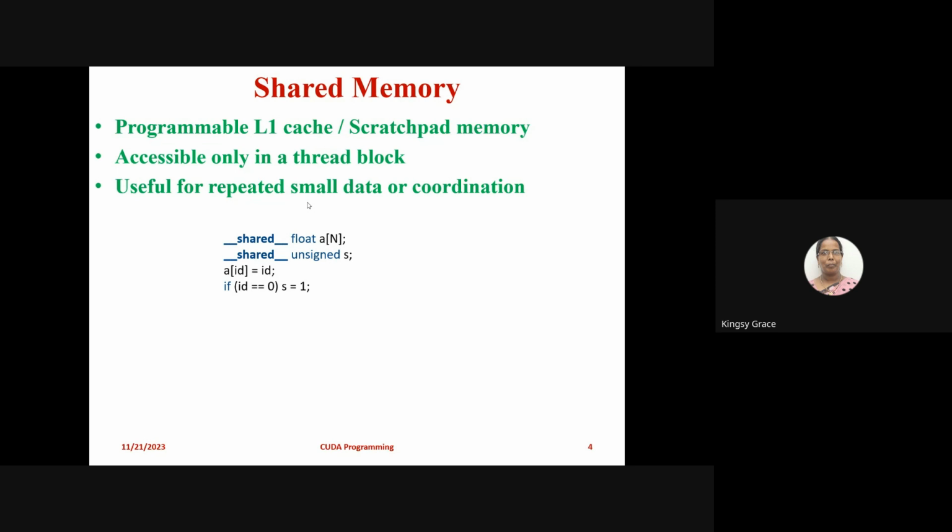If you are having a small amount of data, you can go with this type of shared memory. You can declare a variable in this way with shared, and you can use any data type. Then you can assign values to those shared variables, and if ID is equal to 0, there is some condition given.